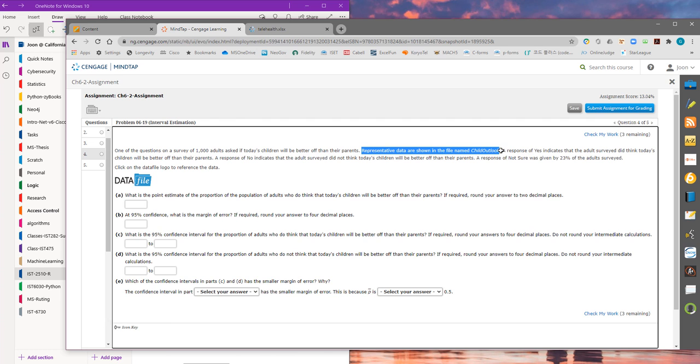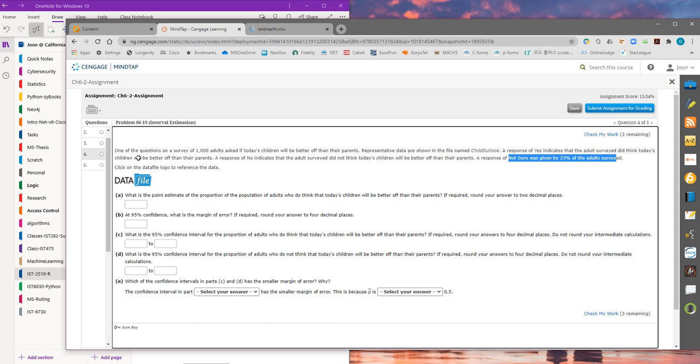A response of yes indicates that the adult surveyed thinks that today's children will be better off than their parents, and a response of no indicates they did not think so. So the response is yes or no. There's one more response, not sure, which was given by 23% of the adults surveyed.